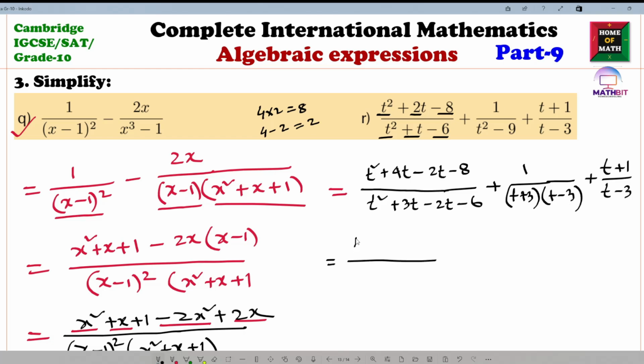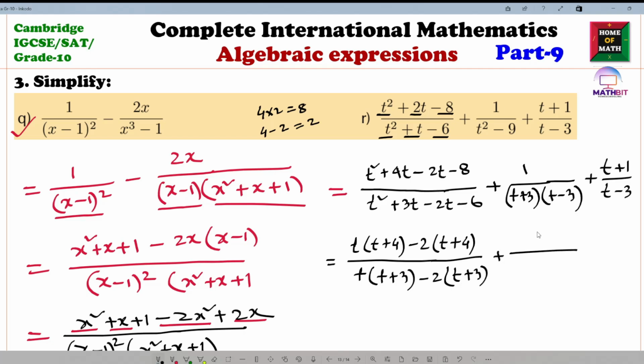So here we can take t common: t plus 4 minus 2 common, so t plus 4. Similarly t common, t plus 3 minus 2 common, t plus 3, plus 1 divided by t plus 3 times t minus 3, plus t plus 1 divided by t minus 3.